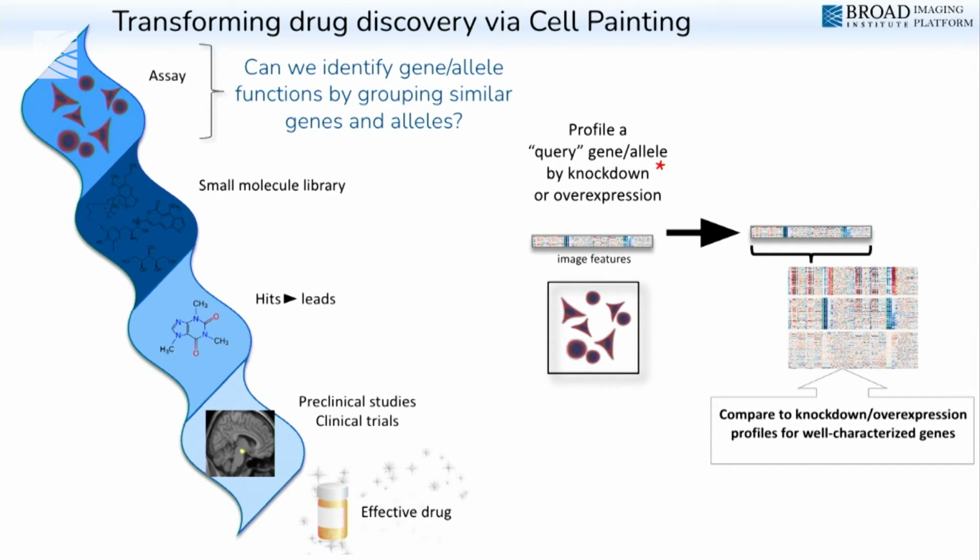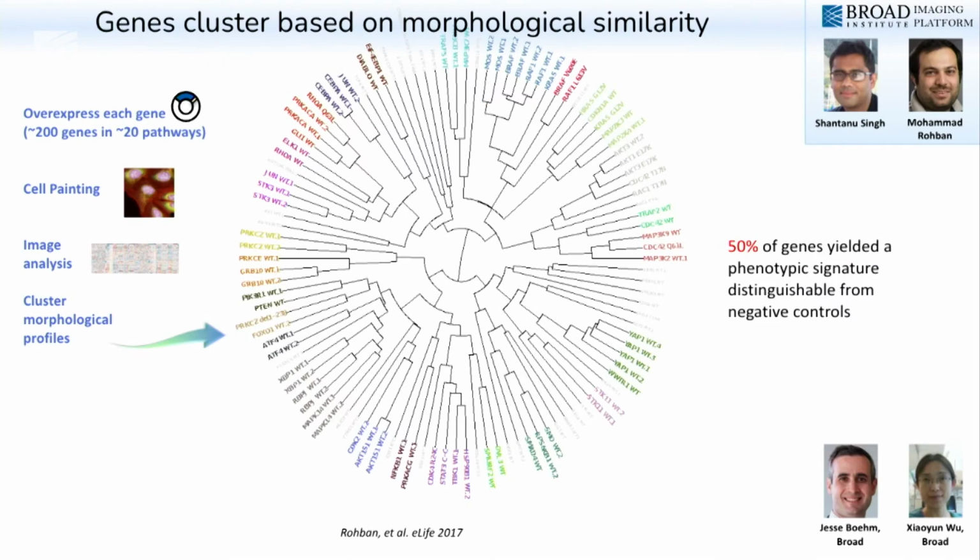So if you have a query gene or an allele, you've extracted its features, can we match that against a database of known perturbations and figure out which ones match with each other? So our original experiment for this was finished 5 years ago, where we overexpressed a very small set of genes and found that roughly half of the genes tested.